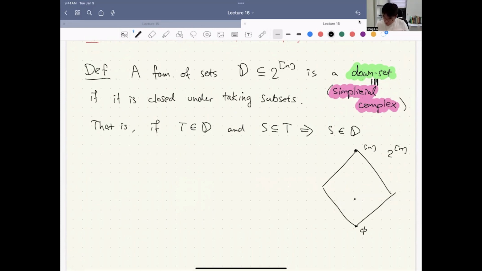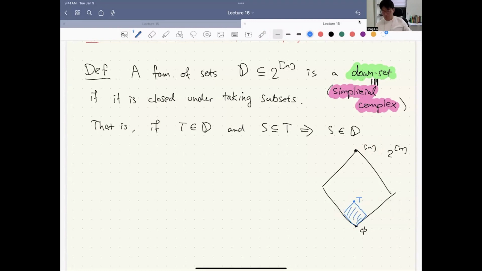If a set T is in our family, then all its subsets are also in our family. So if you imagine T as the new ground set, all its subsets form a Boolean lattice, a smaller copy. So here's the picture. All its subsets are also in our family.